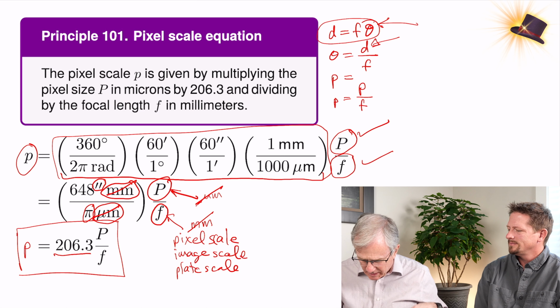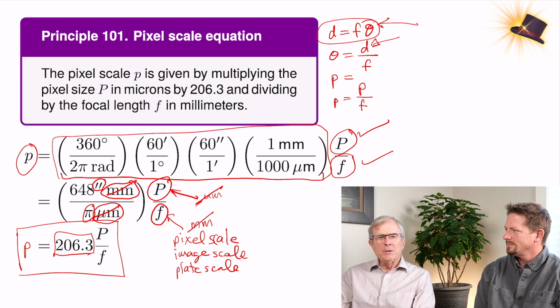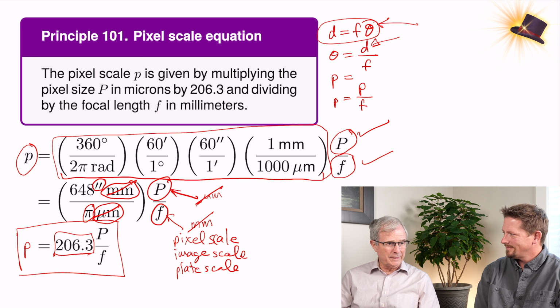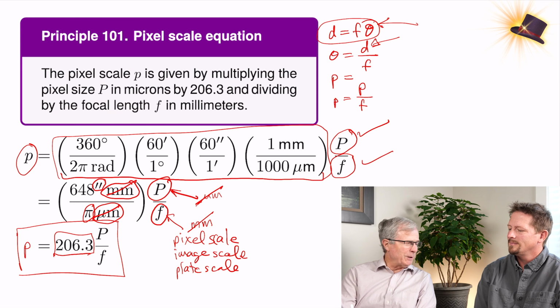So we call it a pixel scale, whatever. But I saw this equation all over the place, and I saw that 206.3, and I thought, where did the 206.3 come from? That doesn't sound like a number that I've dealt with before. It's not pi, but anyway, that's where it comes from. This derivation shows that 206.3, just plug it into your calculator.